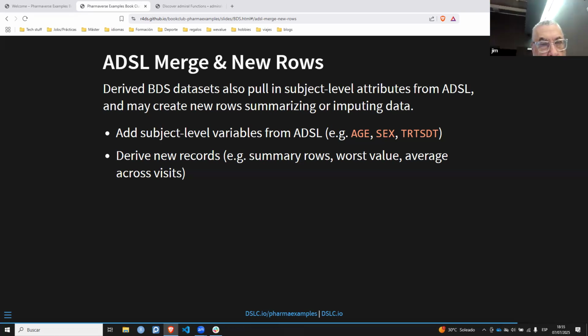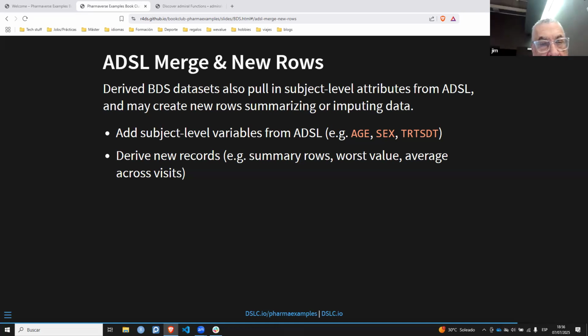Then in R you would use the summarize function, for example. So this is more or less the same. Yeah, summary rows would be maybe the total bottles you consumed or something. Worst value would be another parameter, and the average blood pressure over 3 days.